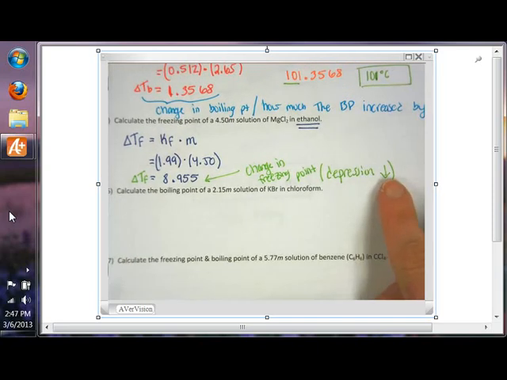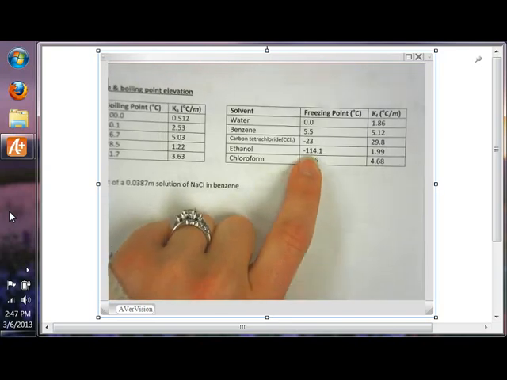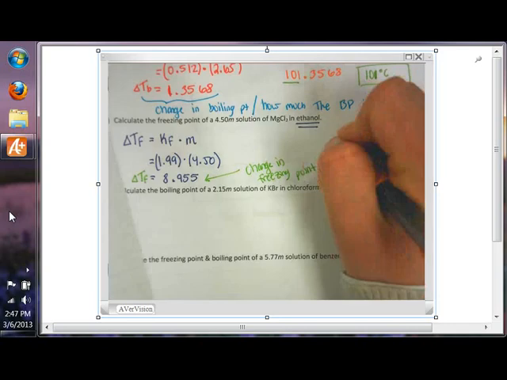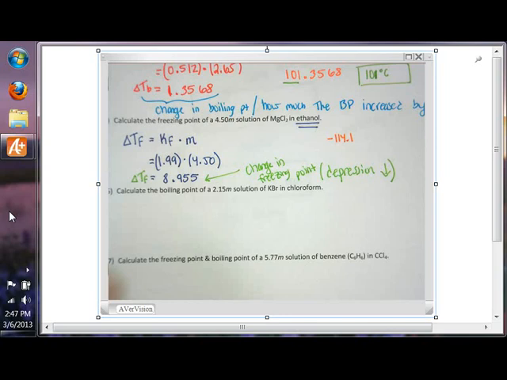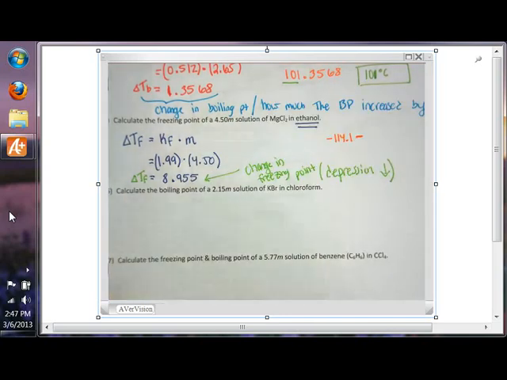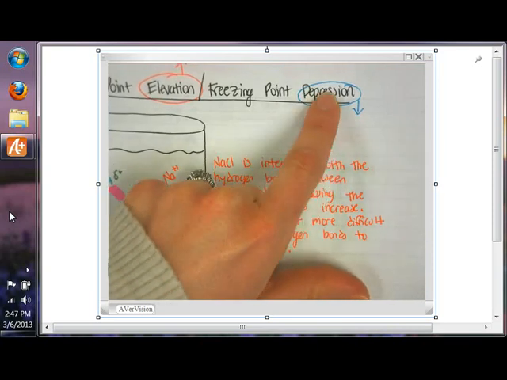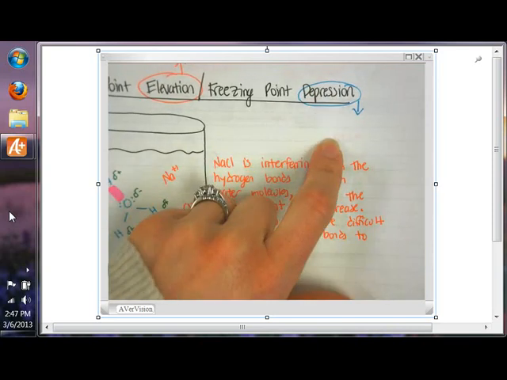The freezing point of ethanol is negative 114.1. So I say negative 114.1. And I'm going to subtract, because it is freezing point depression, the change decreases the freezing point. So I'm going to subtract 8.955.